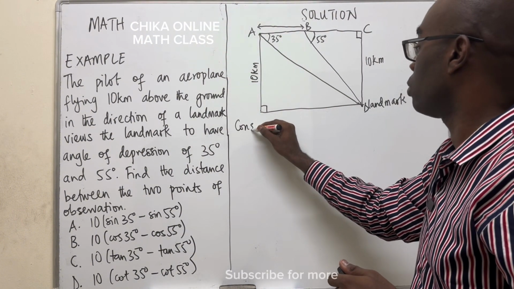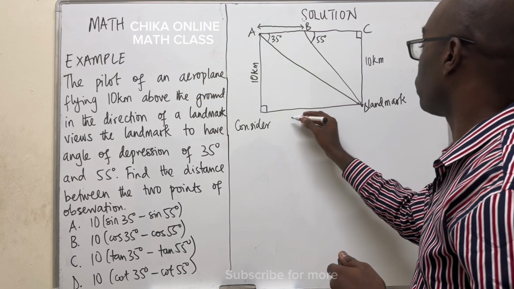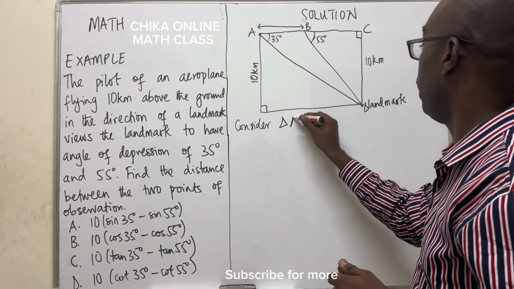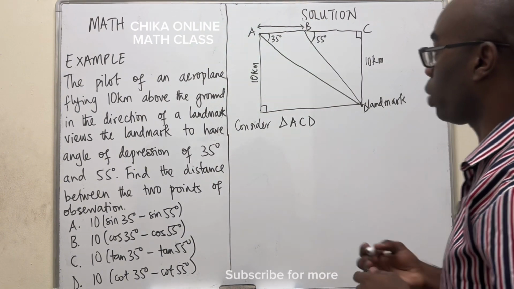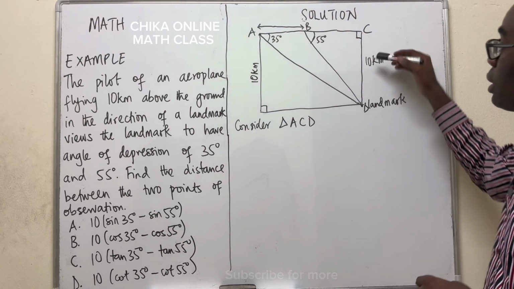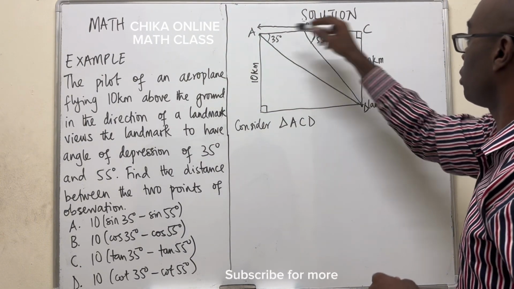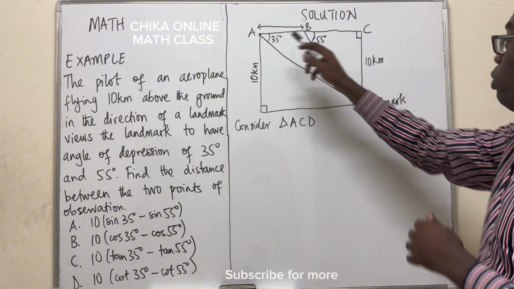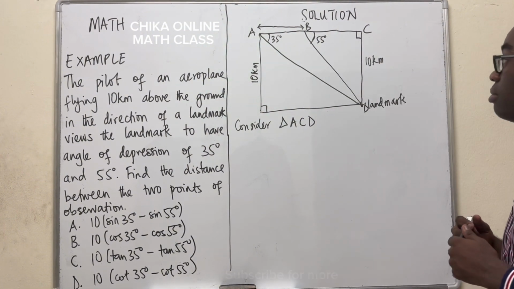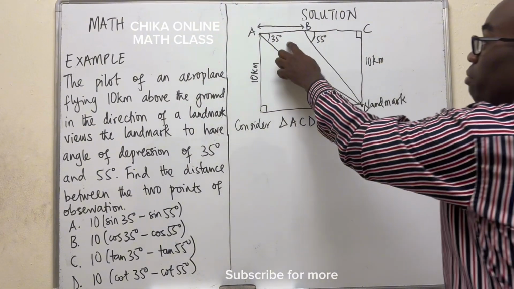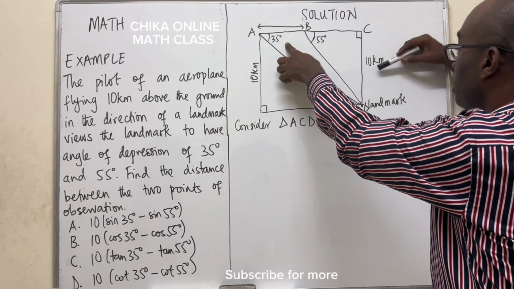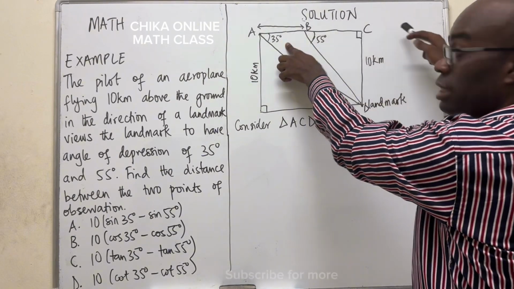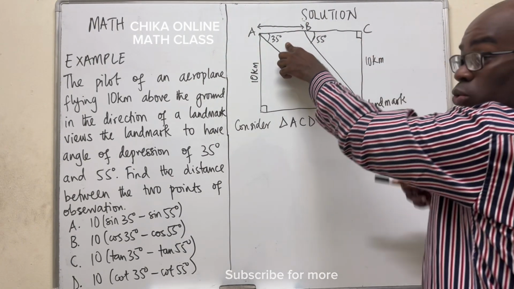Consider right angle triangle ACD. If you consider triangle ACD, look at it. How do we find AC? We have 35 degrees. This is the side opposite, and AC is adjacent. So opposite and adjacent, we use tan.